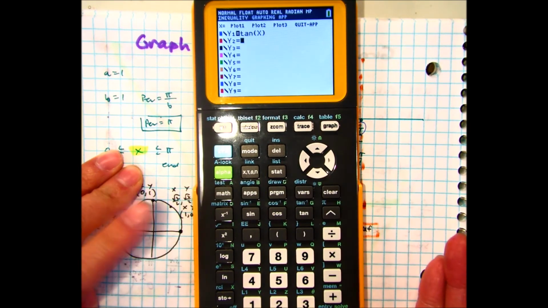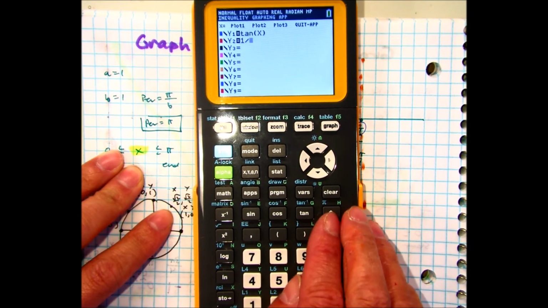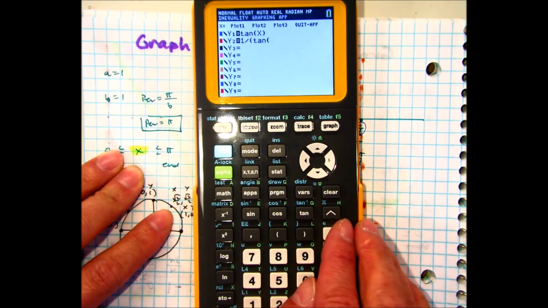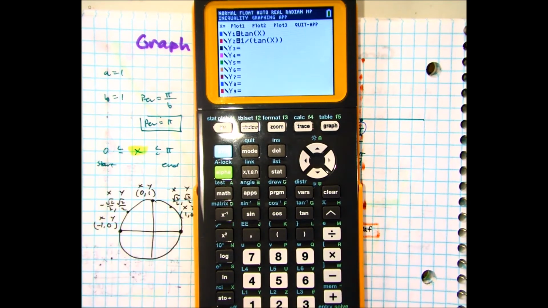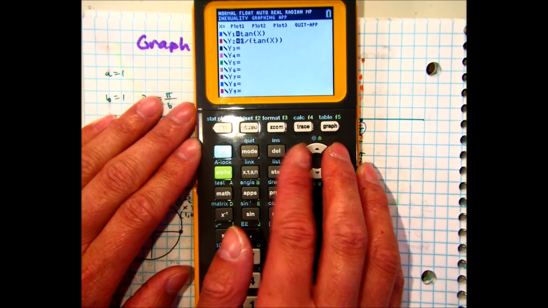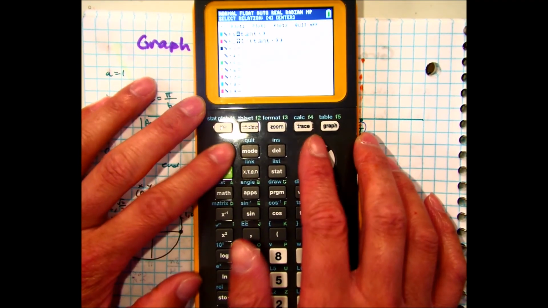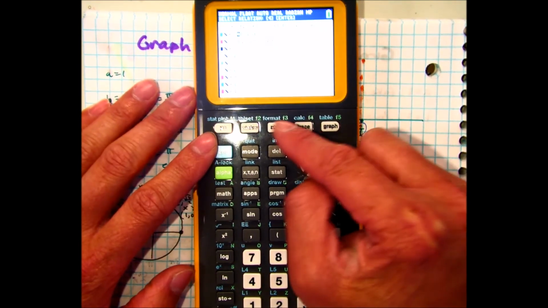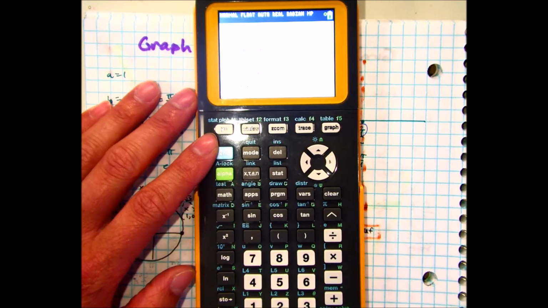There is no cotangent button, so I'm going to do 1 divided by tangent of x. Put an extra parentheses. When you're graphing trig functions with your graphing calculator, you can always turn something off. So for example, I just want to see tangent. You just press enter, and then I'm going to press zoom, and then I'm going to press trig, which is number 7.